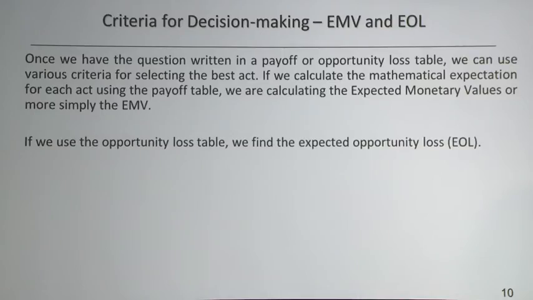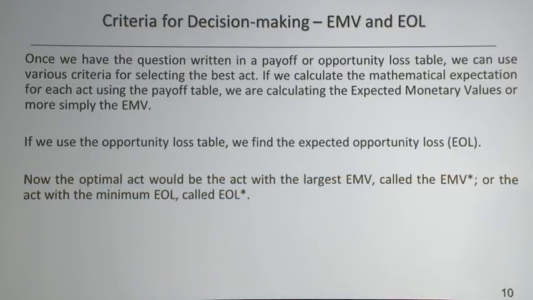E stands for expected. Now we know how to work out the expected value of a probability distribution, and this is the average. So you can think of the EMV as what's the average amount we will make if we make that decision. If we use the opportunity loss table, and once again work out the expectation, we find the expected opportunity loss, EOL.